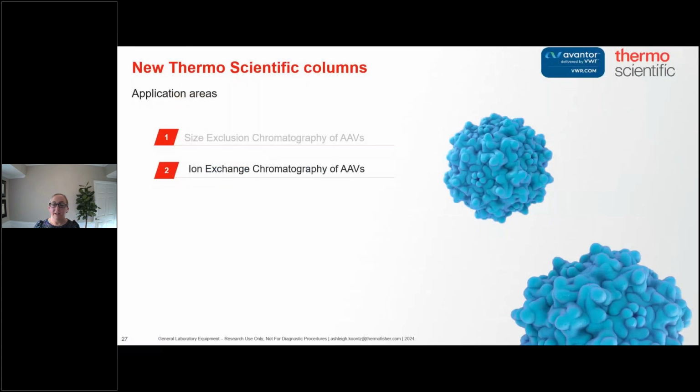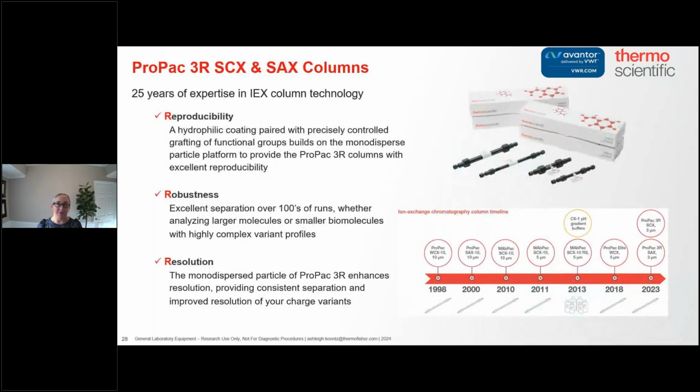So moving on to focus in on ion exchange chromatography. We have our ProPac 3R, SCX, and SAX columns. So this is building on Thermo Scientific's 25 plus years of ion exchange chromatography technology.